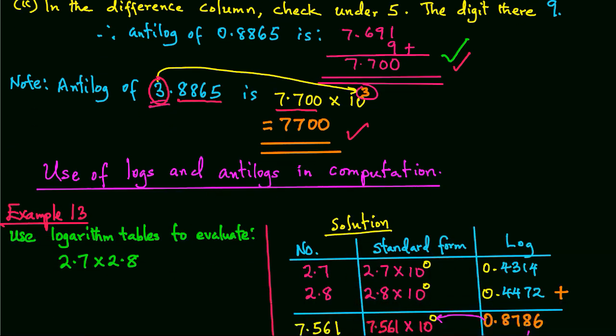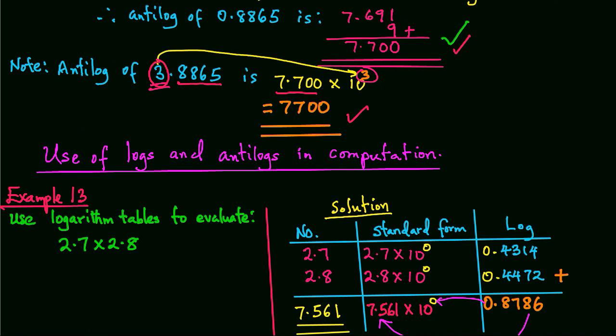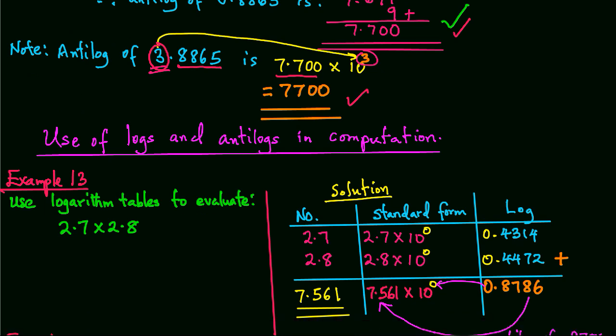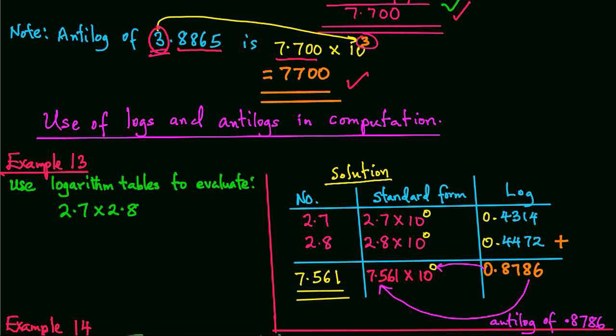Let us now see how we can use logs and antilogs in computations. And our first case is we want to use the logarithm tables to evaluate 2.7 times 2.8. So here we are going to have each number with its log.